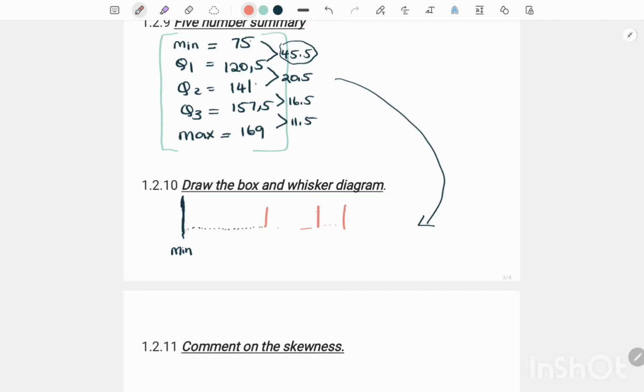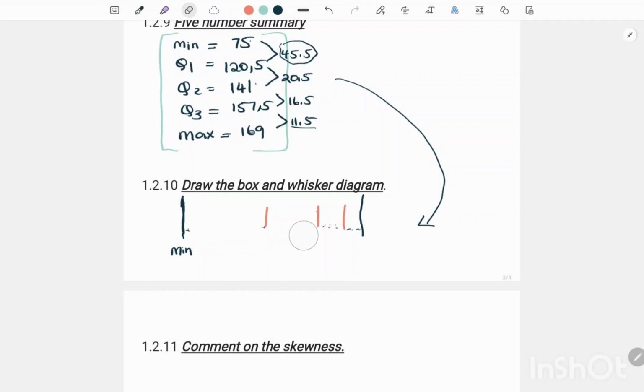Then 11.5. That is the last one, between the Q3 and the maximum. 11.5. 16 was bigger. 11.5. This is the distance for 11.5. This is for the 45.5, 20.5. It makes sense. 16.5, 11.5. It makes sense.